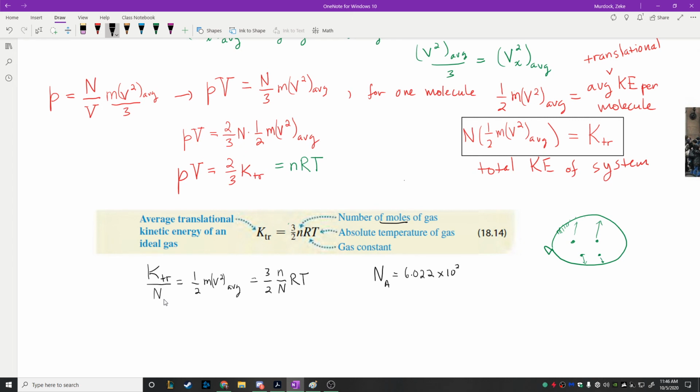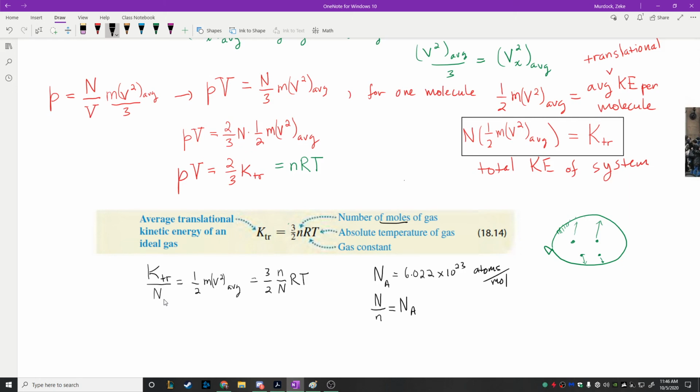Avogadro's number tells us that 6.022 times 10 to the 23 atoms or molecules per mole. So big N, the total number of molecules, divided by little n, the total number of moles, should always be equal to Avogadro's number.